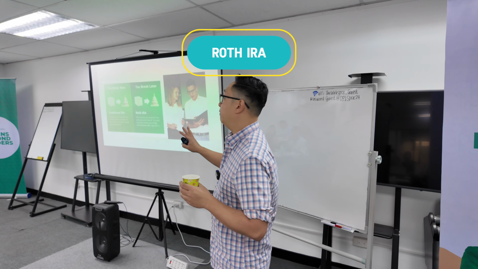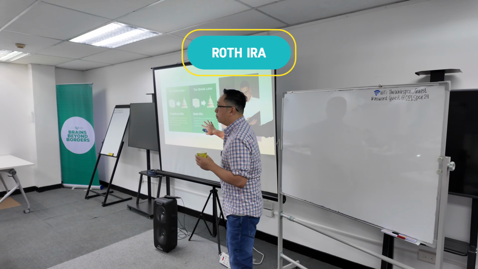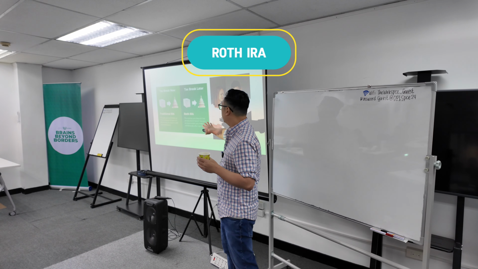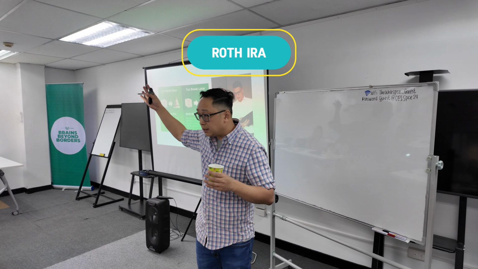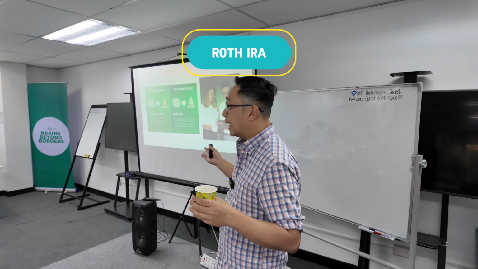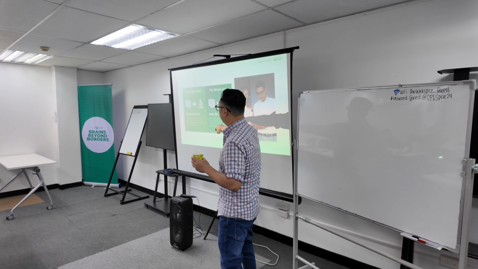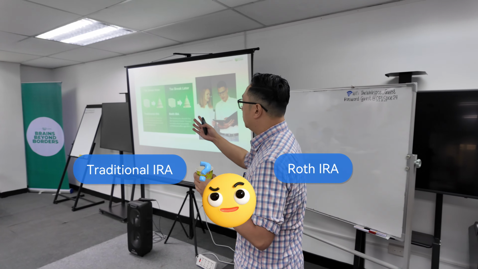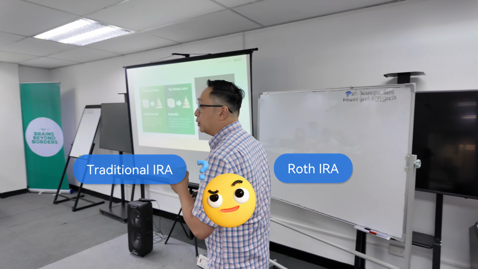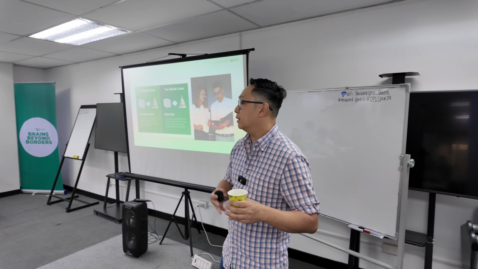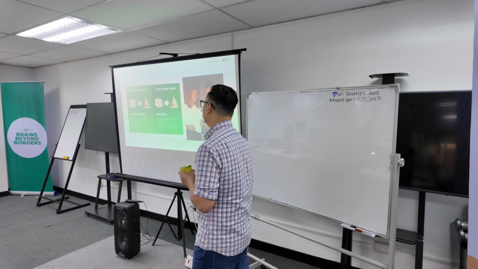So that's the benefit, is that even if you put, say, $10,000 into a Roth IRA and it grows to $1 million, that $1 million is not taxable at all. Okay, so that's the big benefit of the Roth. Okay, so we'll go through why one person might choose a traditional versus why another person might choose a Roth, because it really depends on various situations, and we're going to go through that.